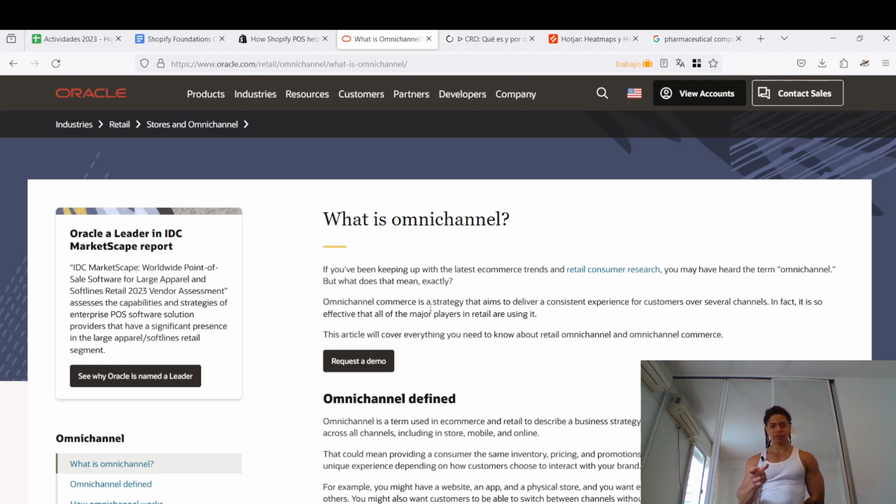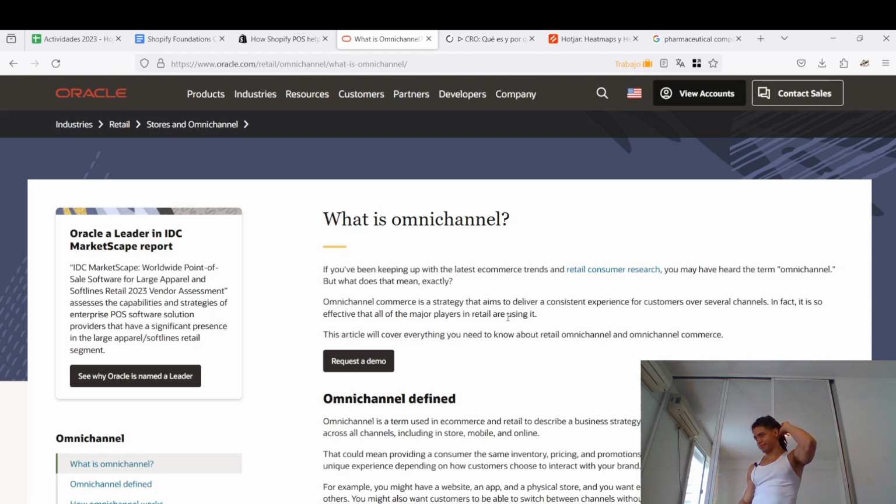An example of channels is your mobile applications, your web applications, your POS. This is talking about e-commerce. Another place is, for example, your salespersons or your marketing campaigns.